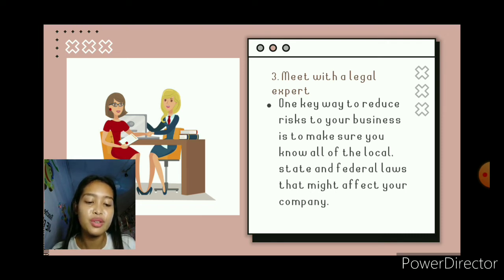If you acquire a legal expert like attorneys, they will help you choose the right insurance policies and company reporting procedures that protect you.